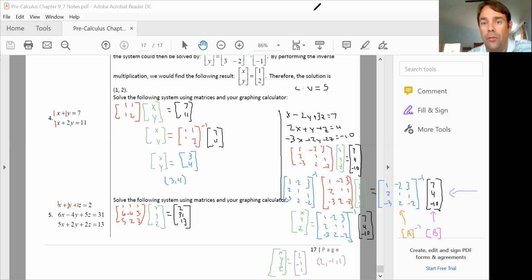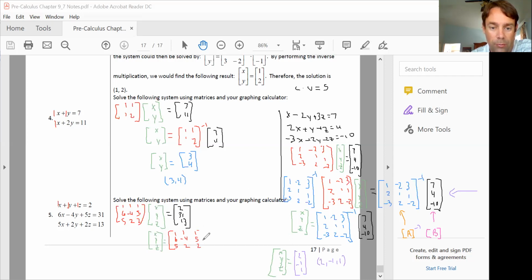Okay. We move to the other side using our inverses. So I have X, Y, Z. That's going to be equal to our coefficient matrix, the inverse of it, 1, 6, 5, 1, -4, and 2, and 1, 5, and 2.